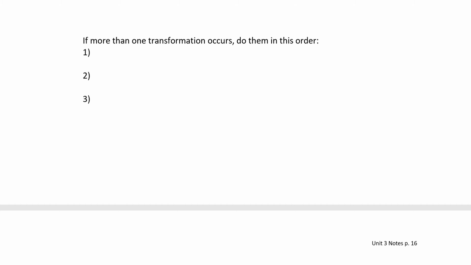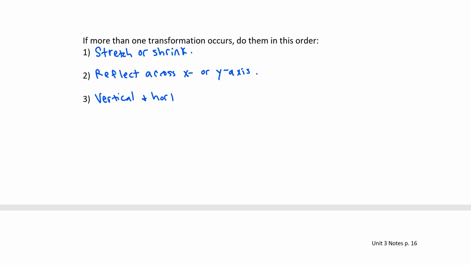So the first thing that you'll want to do is stretch or shrink if you have a multiplier. Then reflect, if it's present, across x or y axis, and then we'll take care of vertical and horizontal transformations.